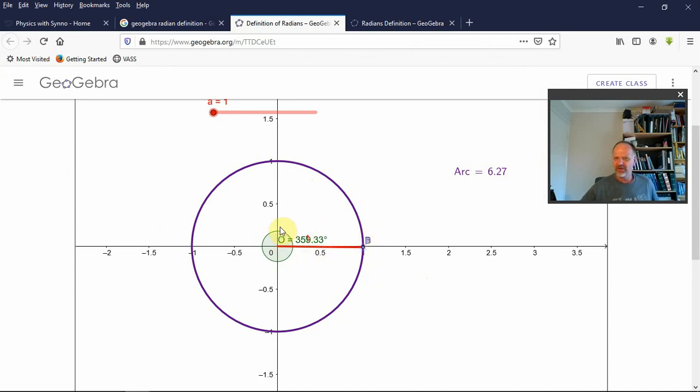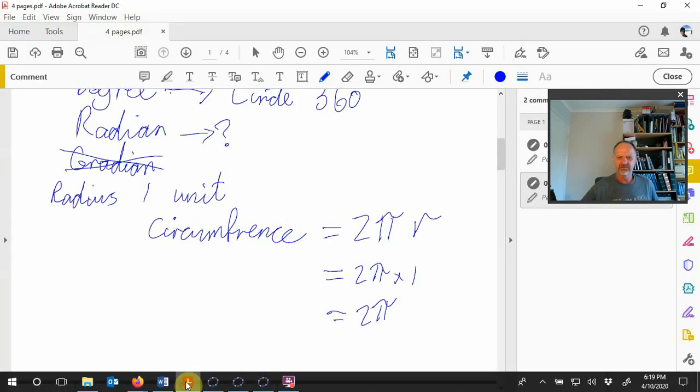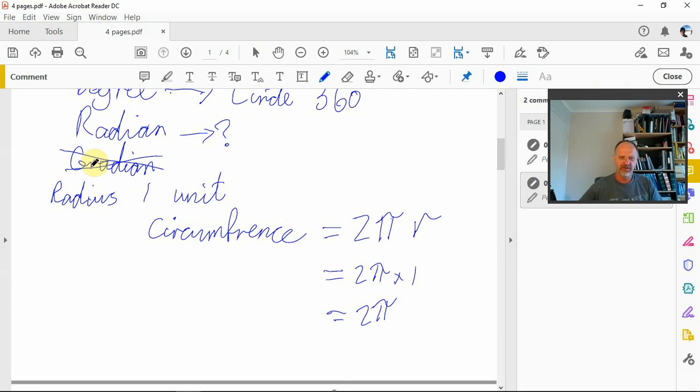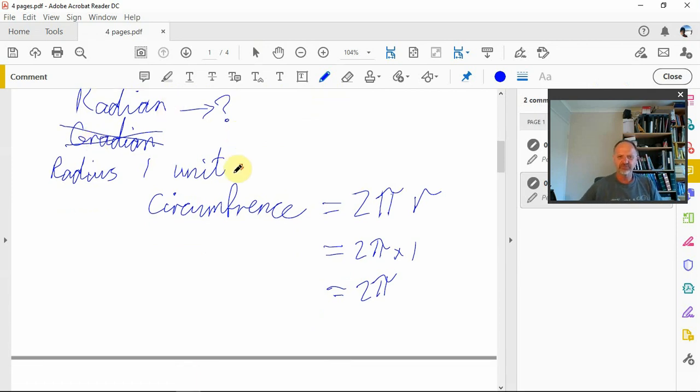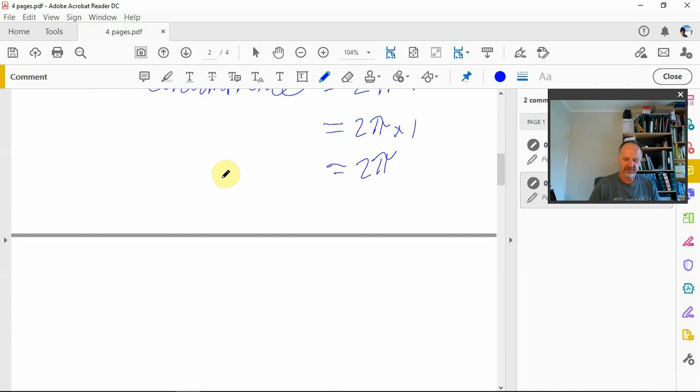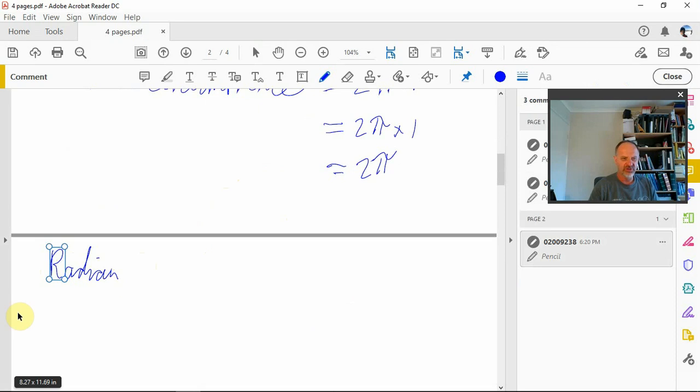Now, in degrees, it would be 360 degrees. So in radian, for a whole circle, a full circle, is 2 pi.